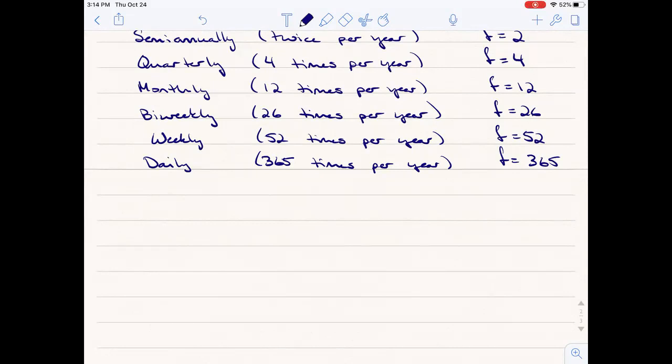All right. So we've talked about the compounding frequencies, and these compounding frequencies are going to change the way we look at time, right? Because for simple interest, we used to talk about time in years, right? But now our time is going to be the number of compoundings, okay?